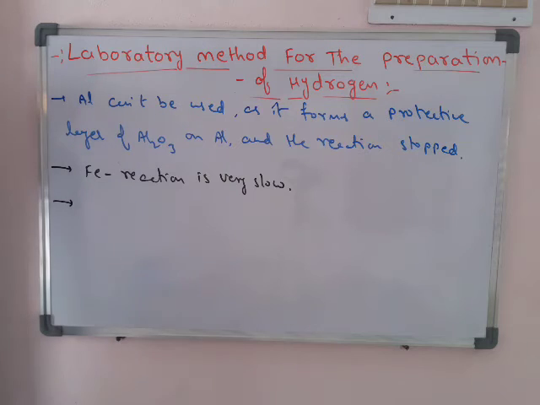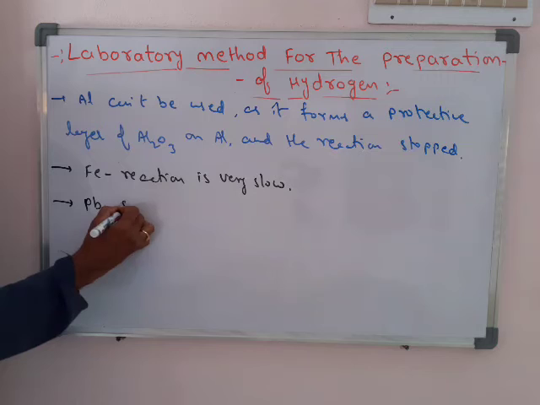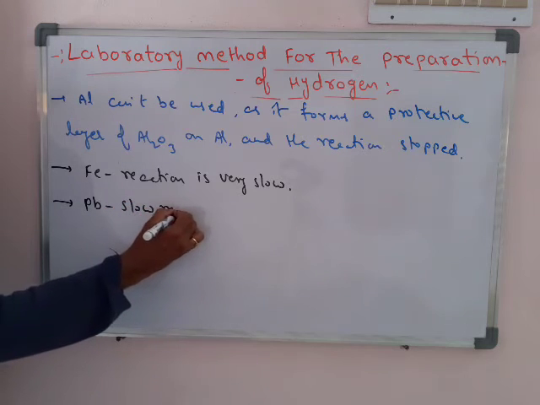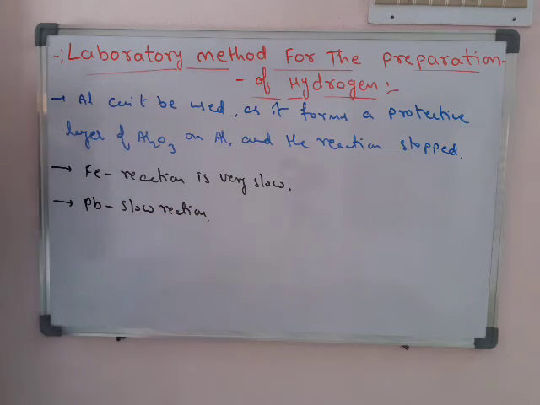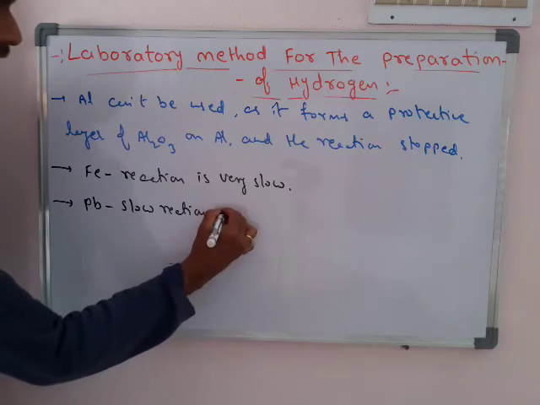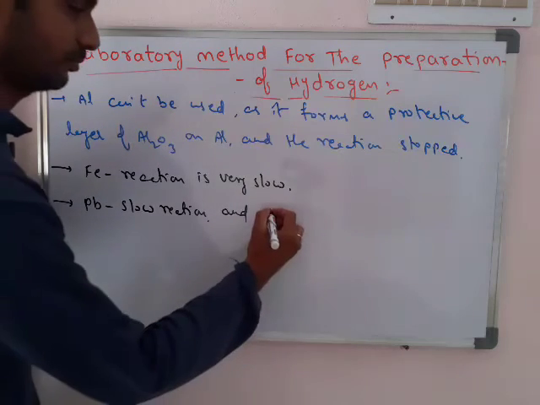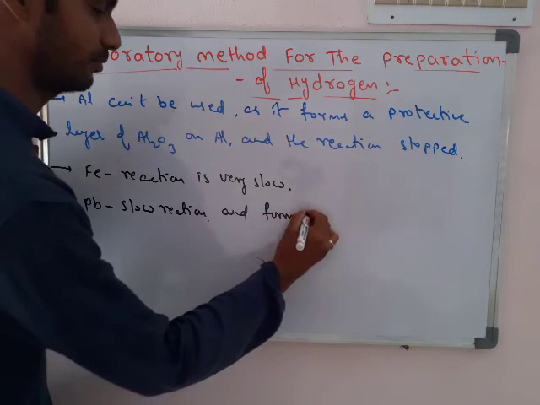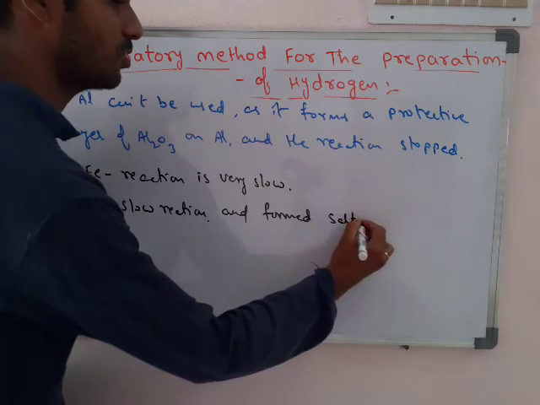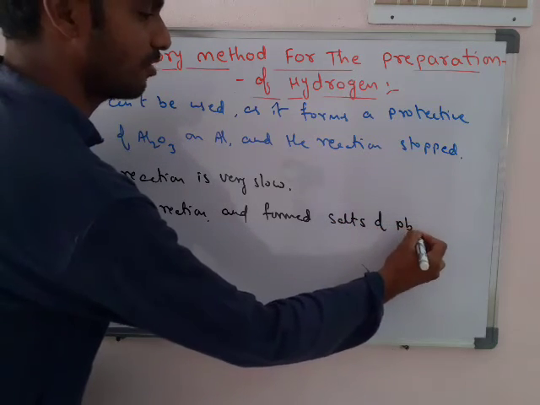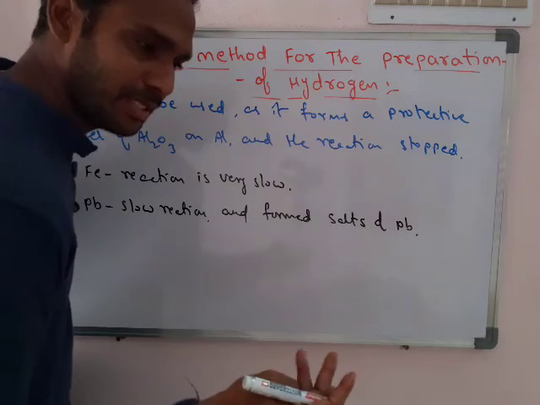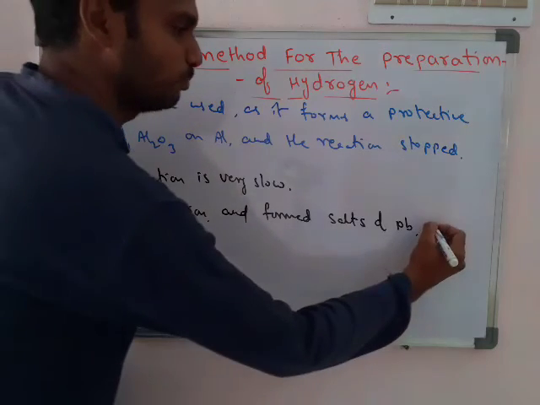Now, why can't we take lead? Okay. So lead also has a very slow reaction. Slow reaction is also useful, but it's a very slow reaction, and the formed salts of lead. What are the formed salts of lead? If you take HCl, PbCl2; H2SO4, PbSO4.